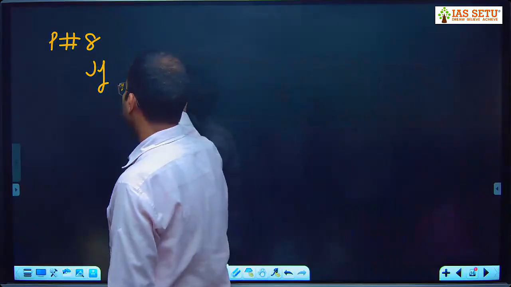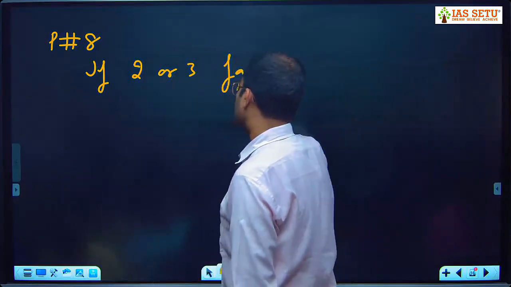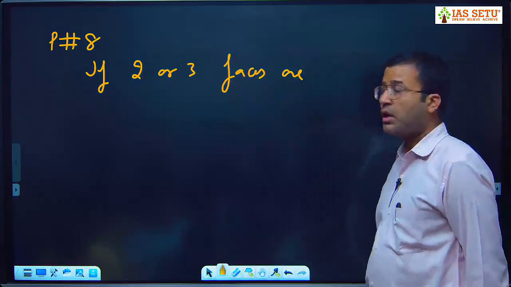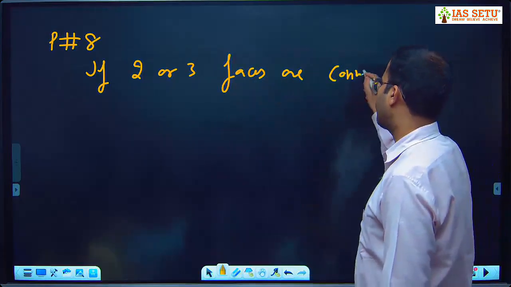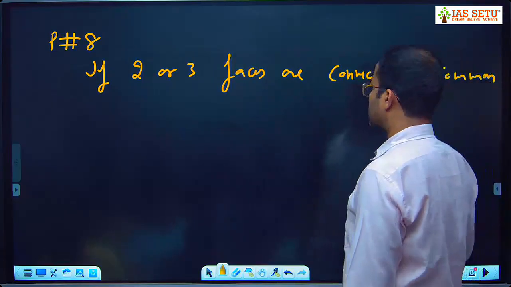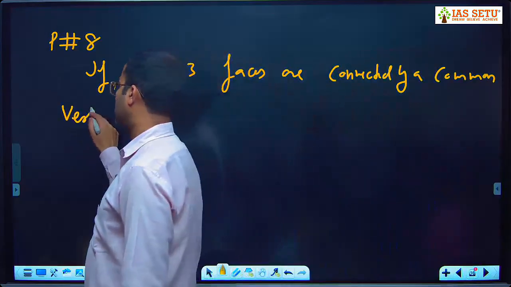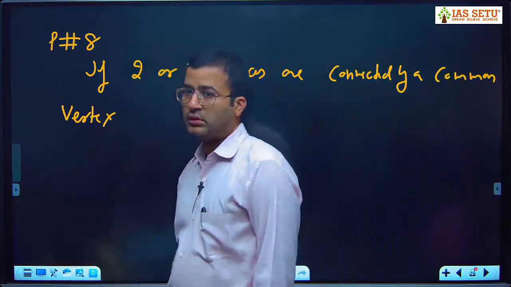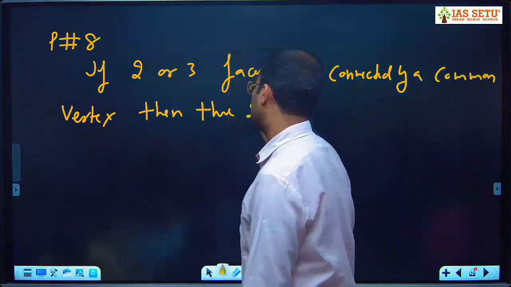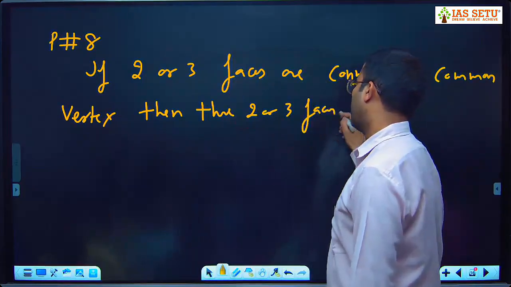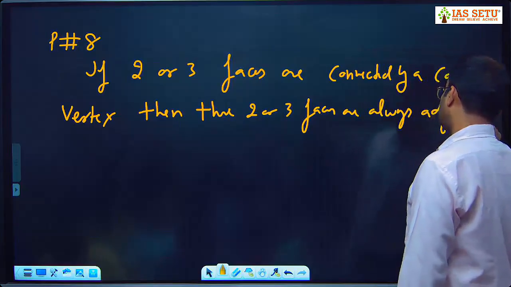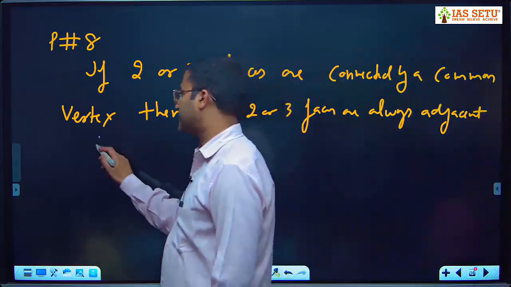If two or three faces are connected by a common vertex, then these two or three faces are always adjacent to each other.